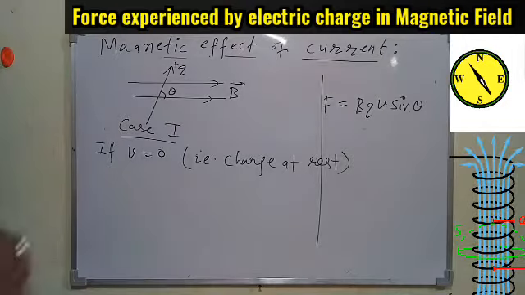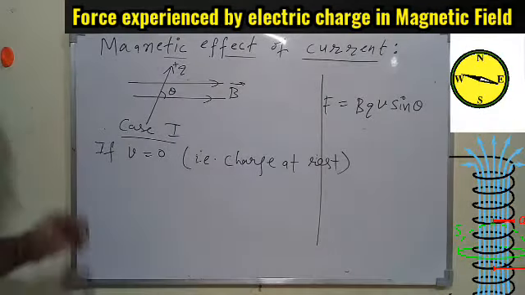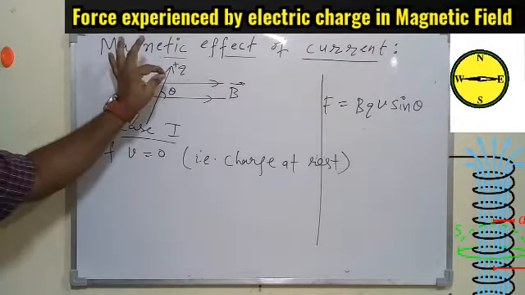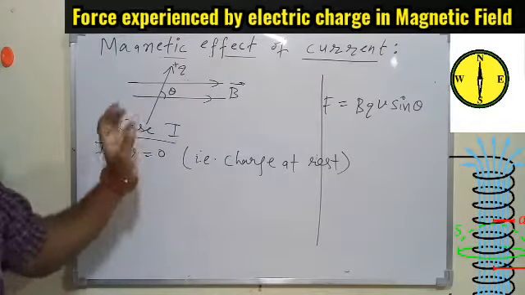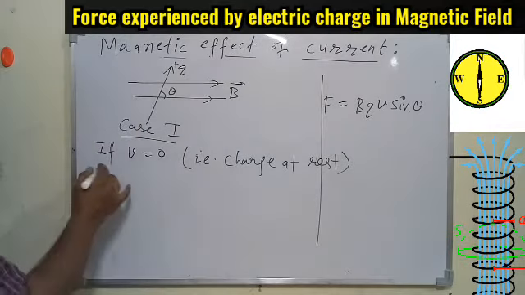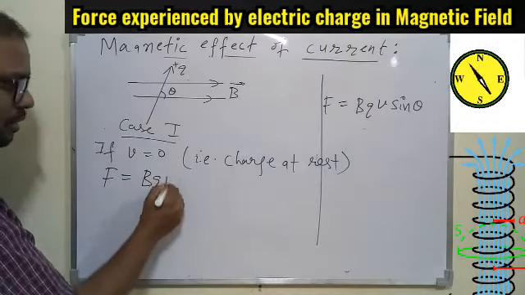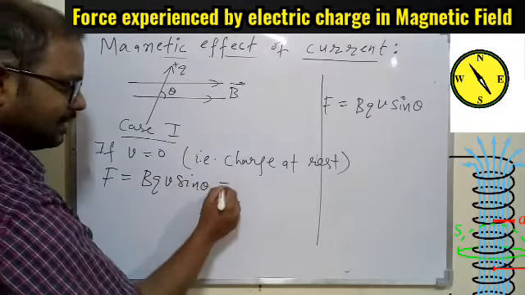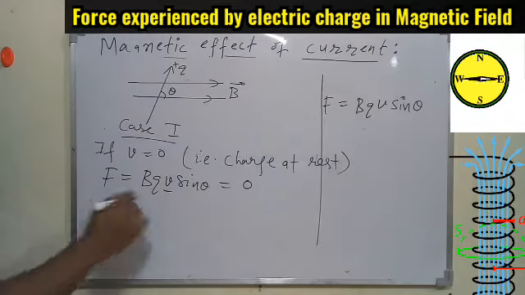So from the formula, what will we get? If the charge is not moving, that is, it is at rest, so we just place a charge within the magnetic field but the charge is not in motion, will it experience the force? If V is 0, what will happen to this formula BQV sine theta? That will entirely become 0 because velocity is 0. So we can say no force.